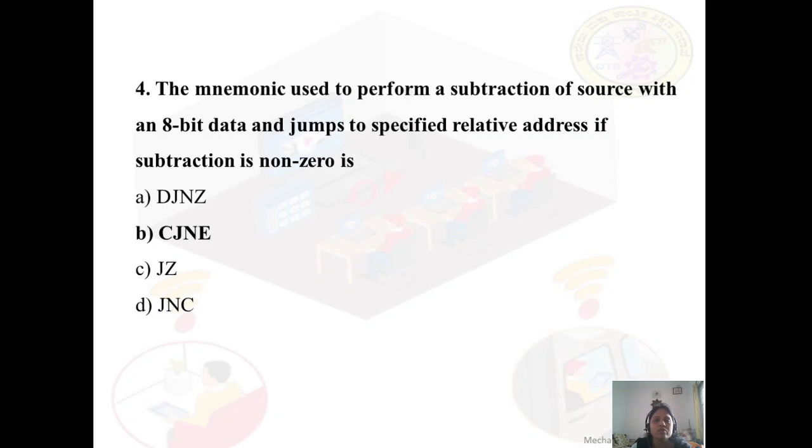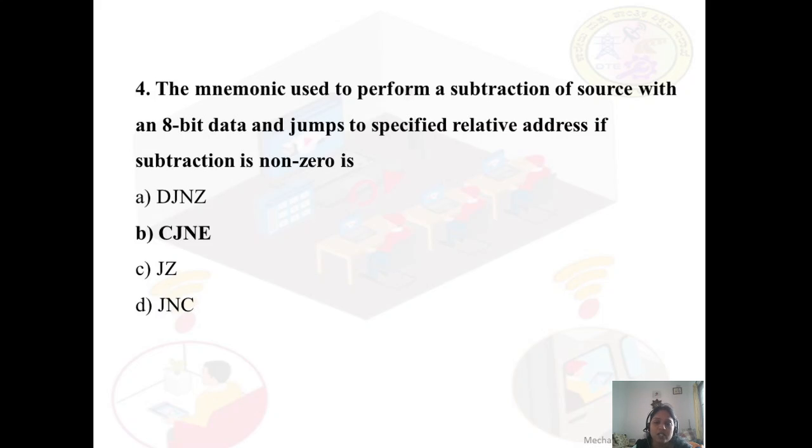The mnemonic used to perform a subtraction of source with an 8-bit data and jumps to specified relative address if subtraction is non-zero, which is the instruction? It is DJNZ, CJNE, JZ, JNC. So read the question once again. The mnemonic used to perform subtraction of source with the 8-bit data and jumps to specified relative address if it is non-zero.